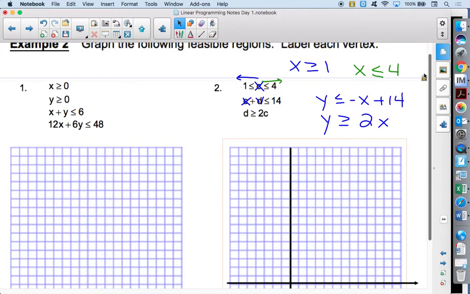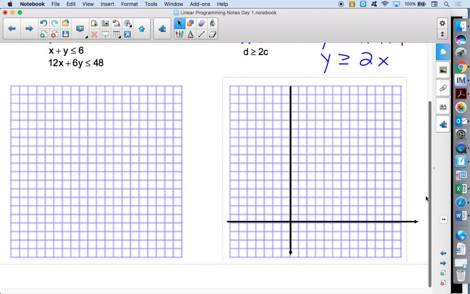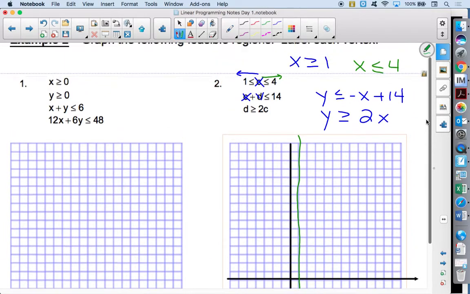So just a reminder, if it's x is greater than or equal to 1, or if it's x is less than or equal to 1, what kind of line are they? Vertical. So these two should be vertical lines. So I'm going to go where x is 1 and make a vertical line. And then x is also 4.